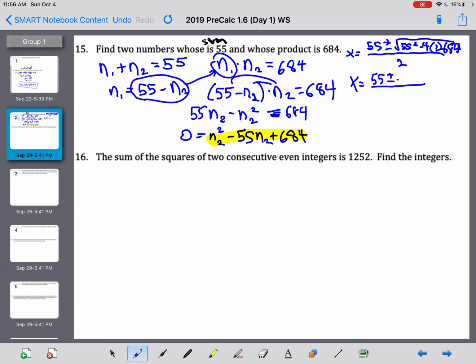I'm going to calculate what's in that square root. I've got to grab a calculator quick. Oh, I don't have one.